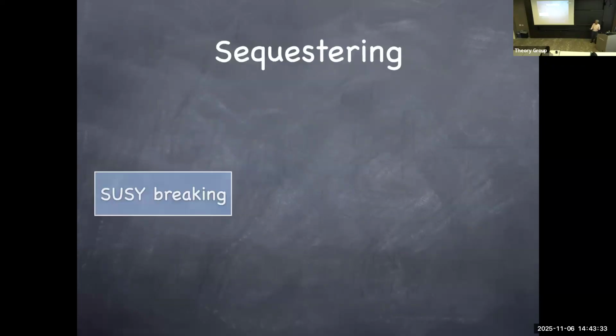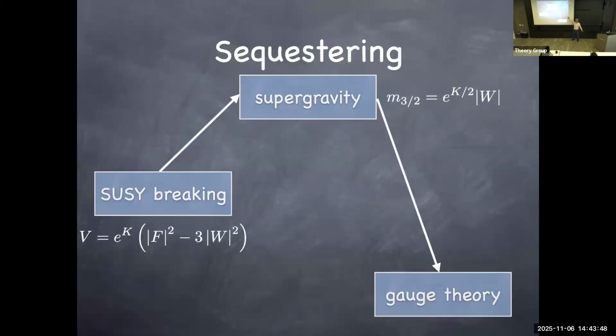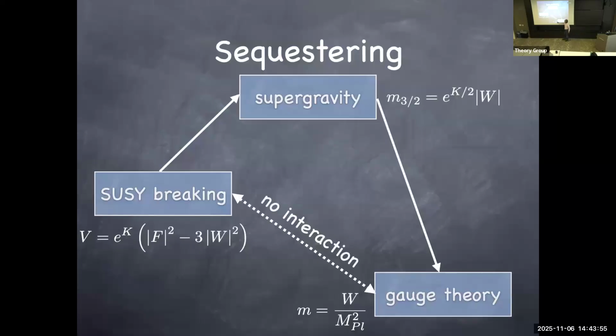And in order to achieve this goal, the way we can do this supersymmetry breaking is to decouple whatever physics may break supersymmetry from the theory we like to study, whose connection is only through gravity. And if you do that, without any direct connection between them, the way supersymmetry breaking would appear in the gauge theory you like to study is completely controlled by the supersymmetric version of general coordinate invariance.